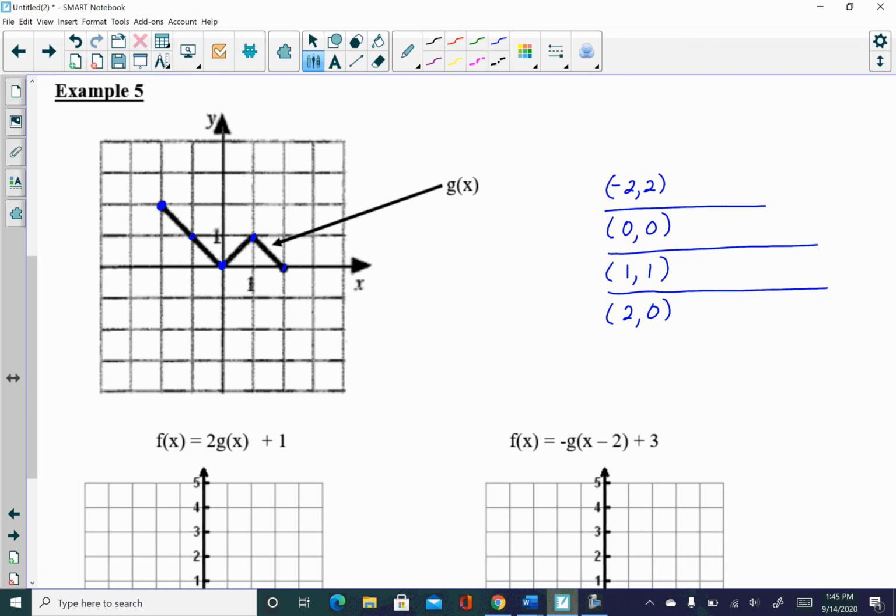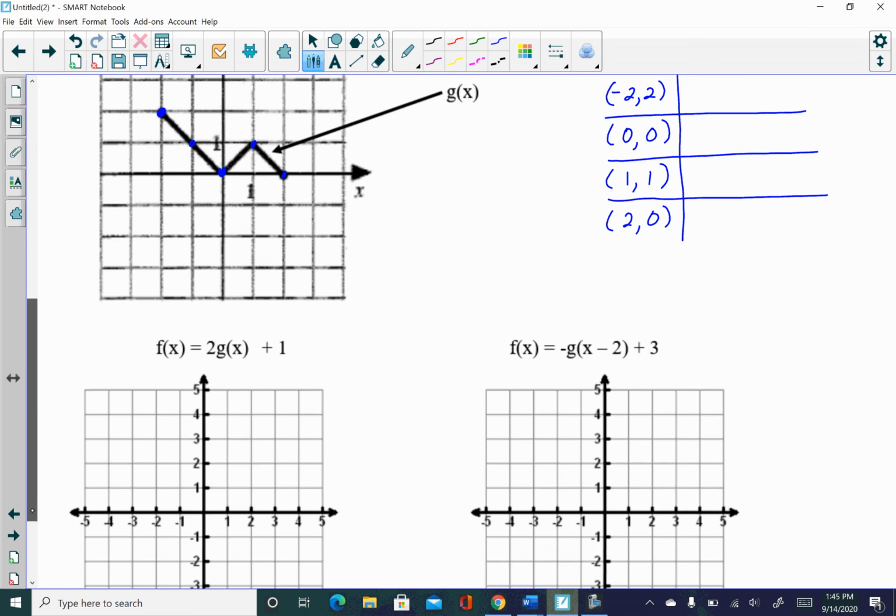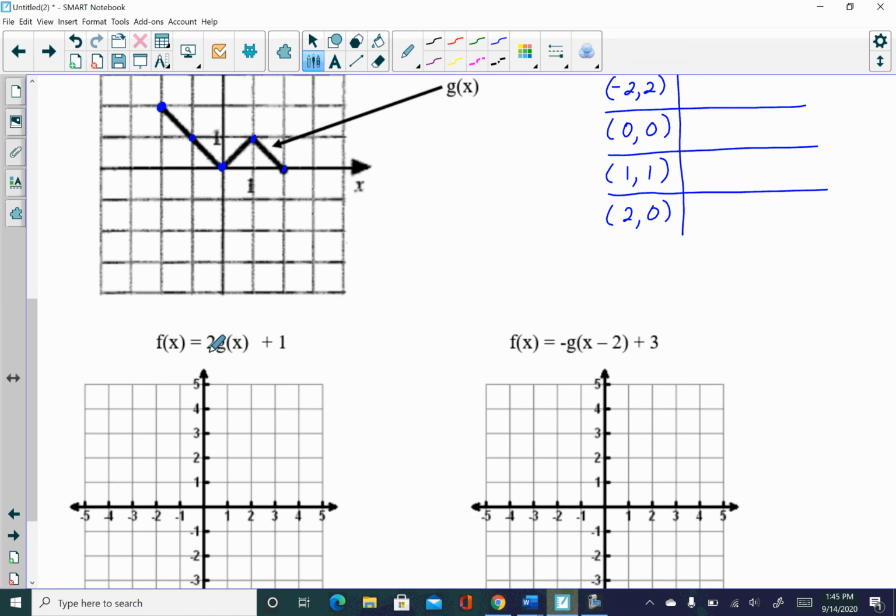So here's what I would do in the problems below: I would go back to, okay, here are my major points. Now let me perform these operations on it. In the first one, it wants me to say 2 times this function and then add 1. Remember, this 2 on the outside performs as you would expect it to. It's going to be multiplying, and since it's on the outside, it's going to be multiplying your y values.